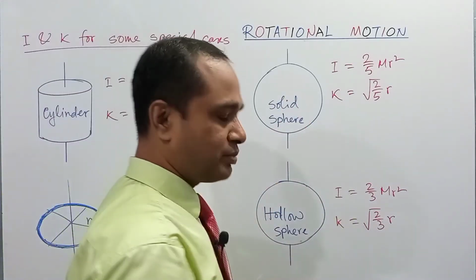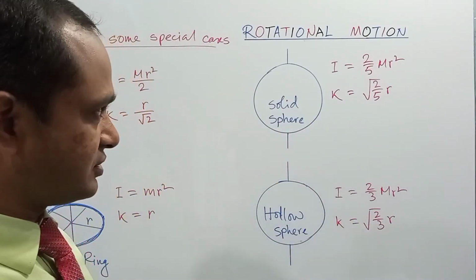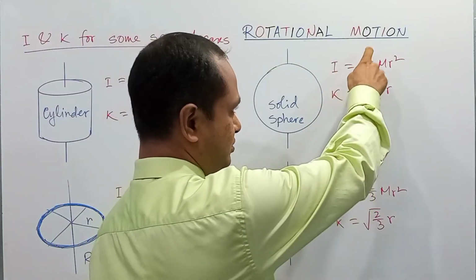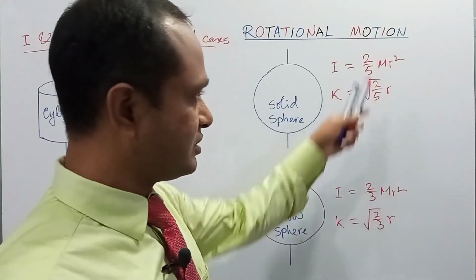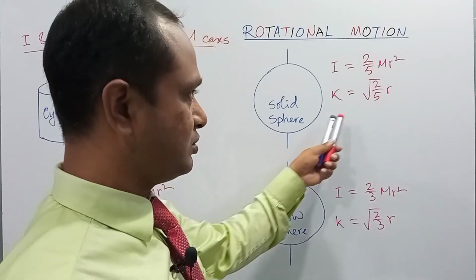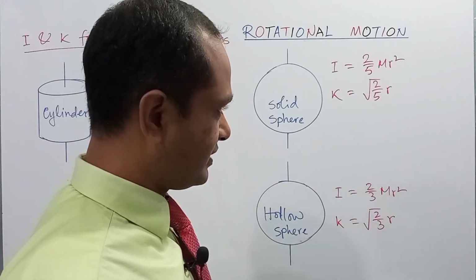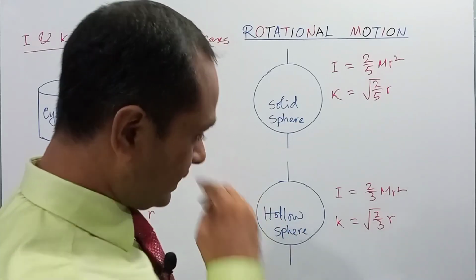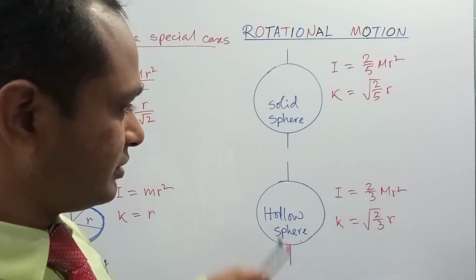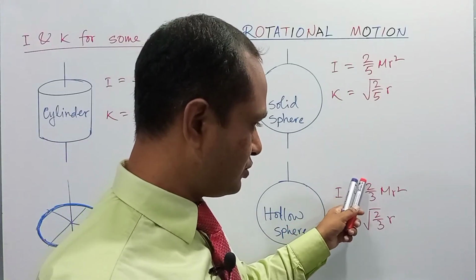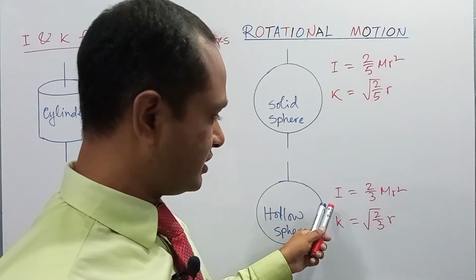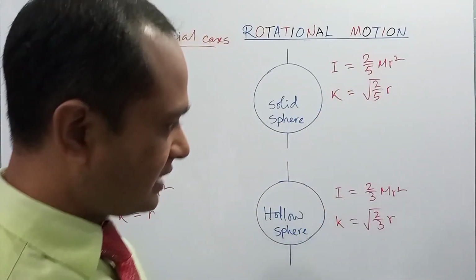But for a solid sphere, the moment of inertia will be I is equal to 2 by 5 into m r square, and the radius of gyration will be k is equal to root over 2 by 5 into r. For the hollow sphere, the moment of inertia will be I is equal to 2 by 3 into m r square. For the solid sphere it is 2 by 5, and for the hollow sphere it is 2 by 3 m r square.